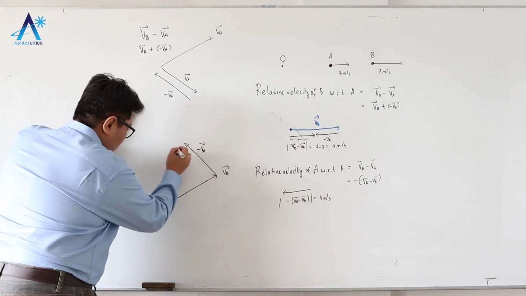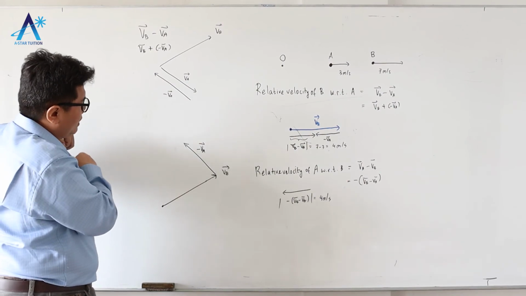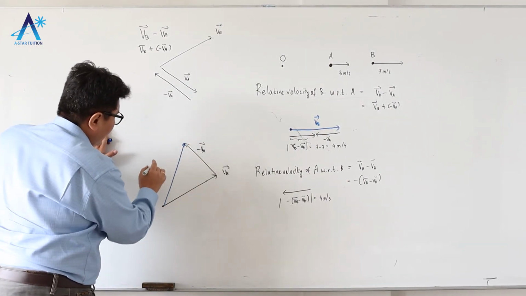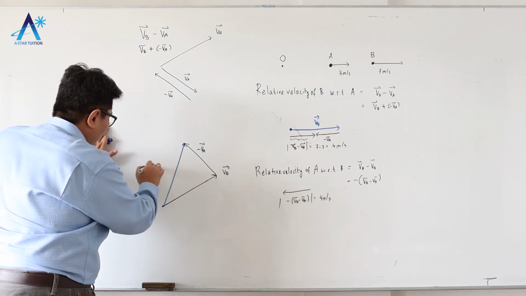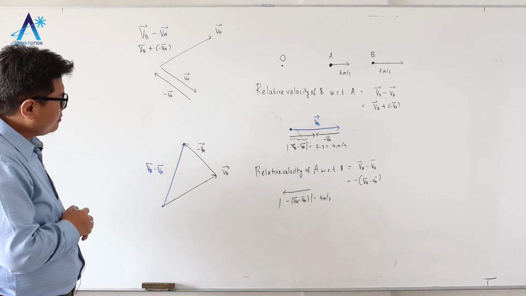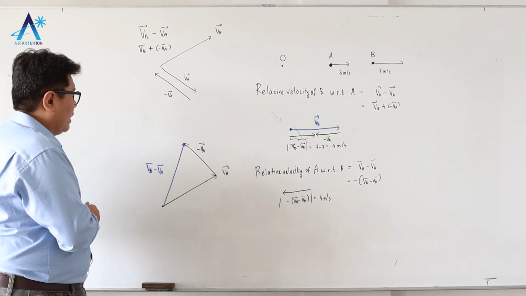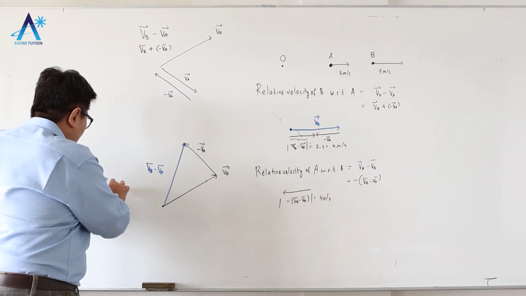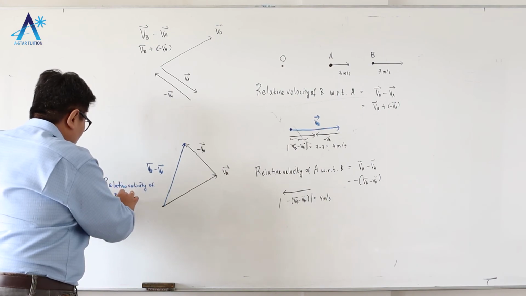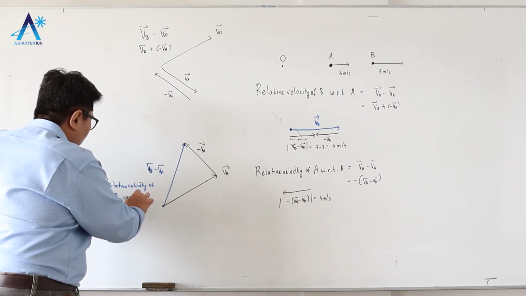Let me use a different color. So this is VB minus VA, the relative velocity of B with respect to A.